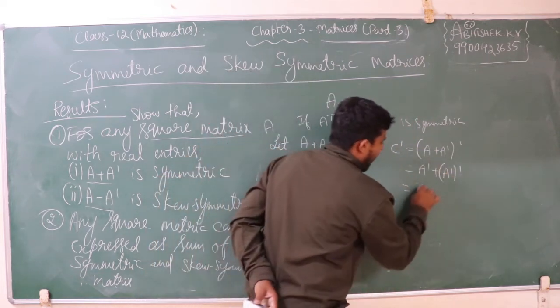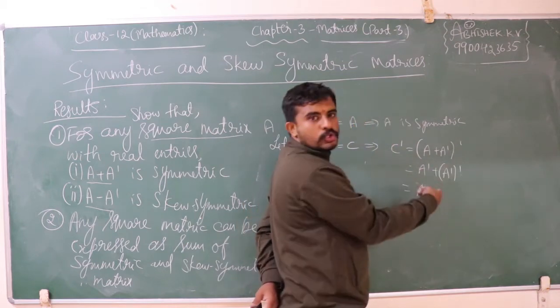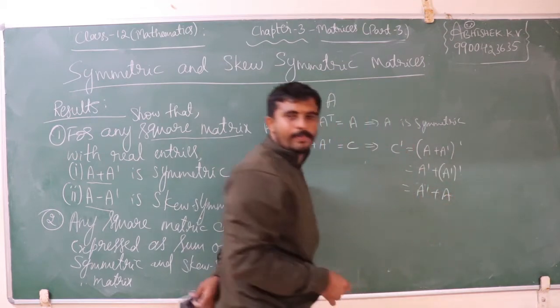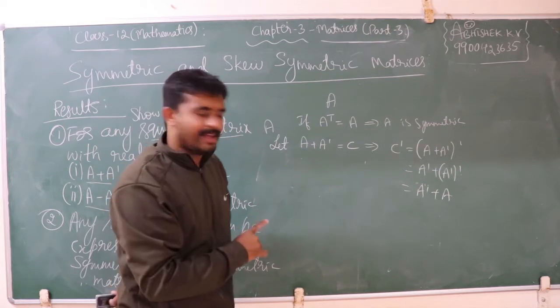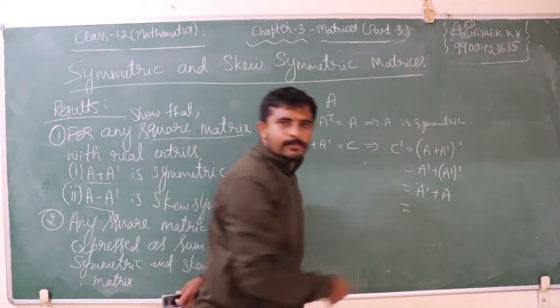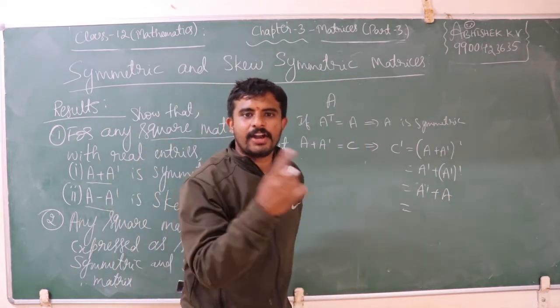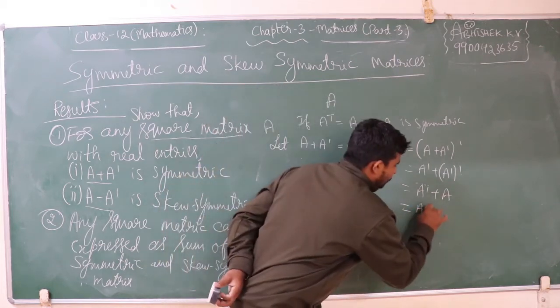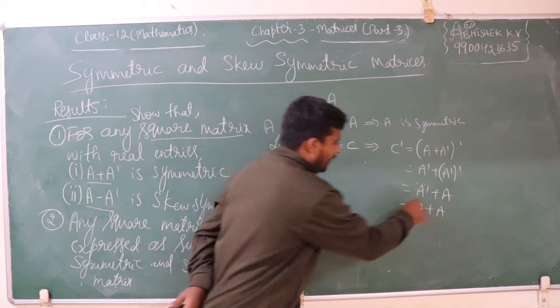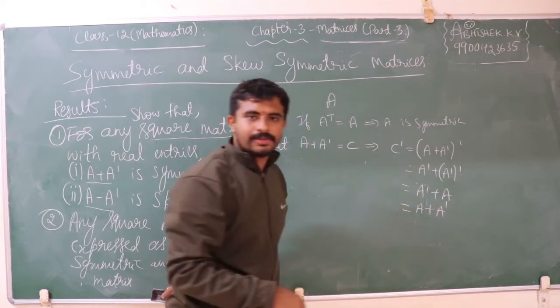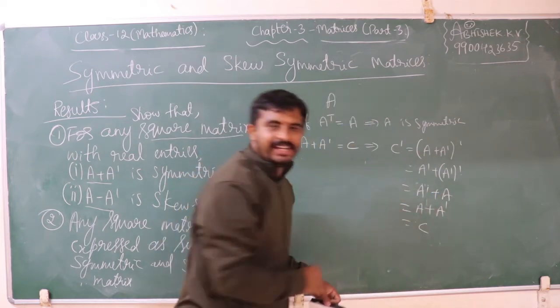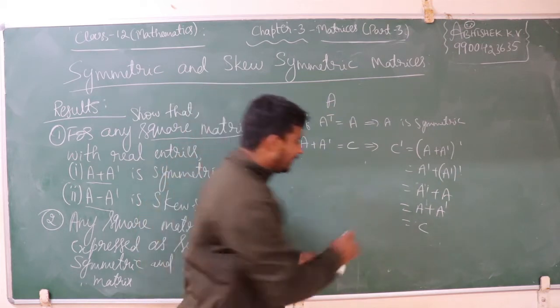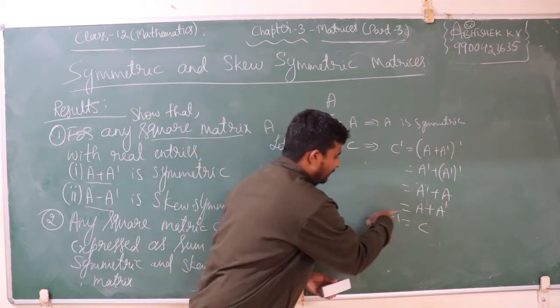And then what is A transpose whole transpose? Again, the first property: A transpose whole transpose is A. So we get A transpose plus A. Since addition of two matrices is commutative, A transpose plus A can be written as A plus A transpose. What is A plus A transpose? C. So C transpose.